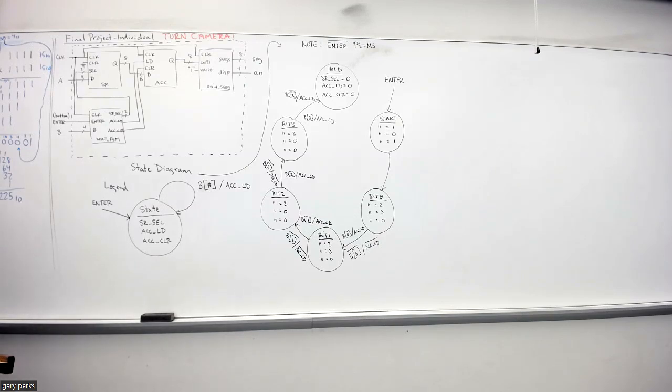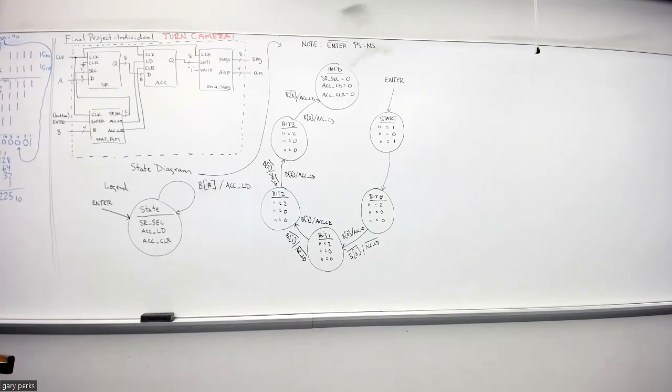And then how about option 2? What if you have a 2 on the select line? What's it going to do? Yeah, it does a shift left. So that would be a multiply by 2. Now, option 3, right? Do you think we'll ever use that in a multiplier?